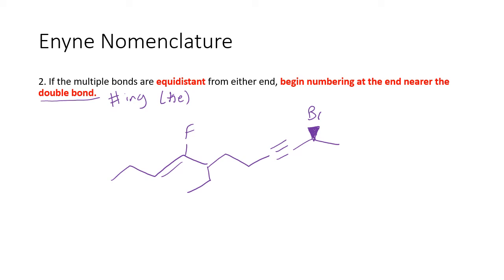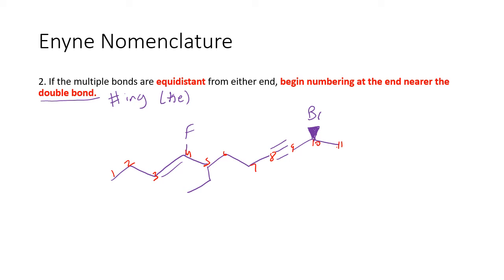Let's get that down first. Notice if you number from the left or the right, the double bond turns up at position 3 or the triple bond turns up at position 3. So this rule is saying that the double bond is going to get the numbering priority to break the tie. So we're going to start on the left. 1, 2, 3, 4, 5, 6, 7, 8, 9, 10, 11.